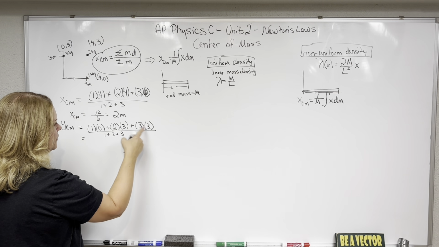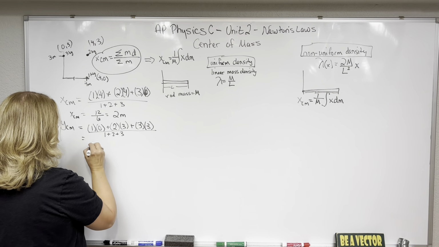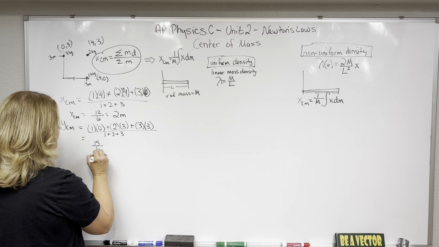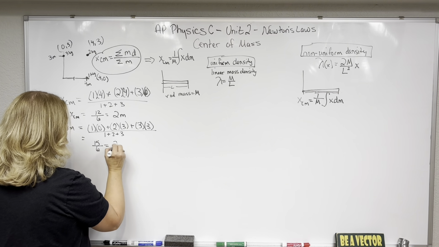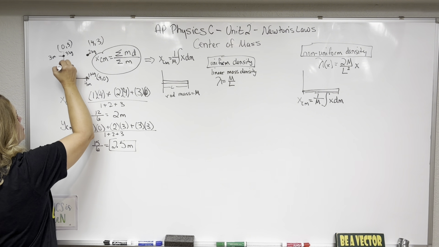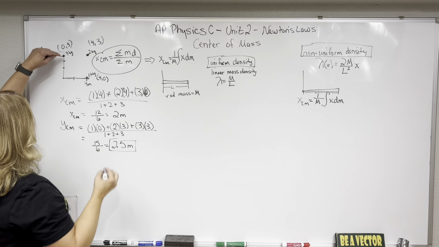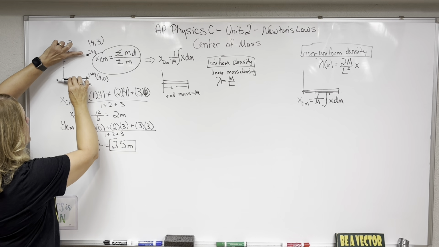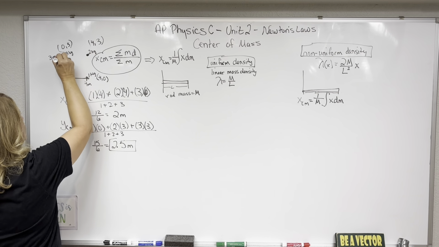That's going to be 6 plus 9, that's 15 divided by 6, and that's going to be 2.5 meters. Does that make sense, that here's 1.5 is half and I'm way up here? It does, because I have 5 kilograms on this side and only 1 on this side of that center of mass.